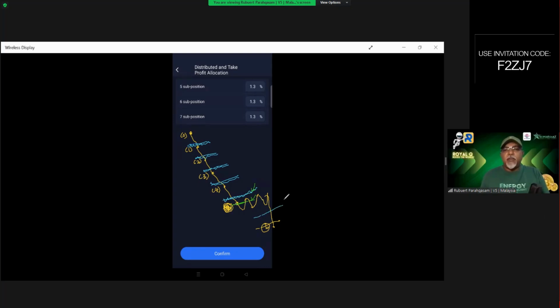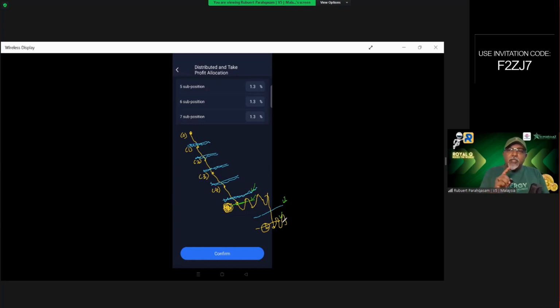We have layer 5, the whole average price, and this is for layer 6. Suppose the market now goes up over here, it sells, take the profit, come back here, buy, goes up again, sell that, comes back again, buy that. We can do that for the individual layer.